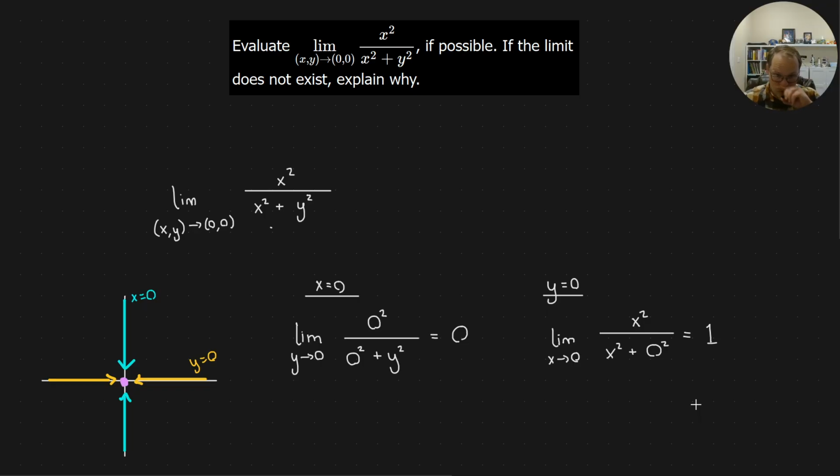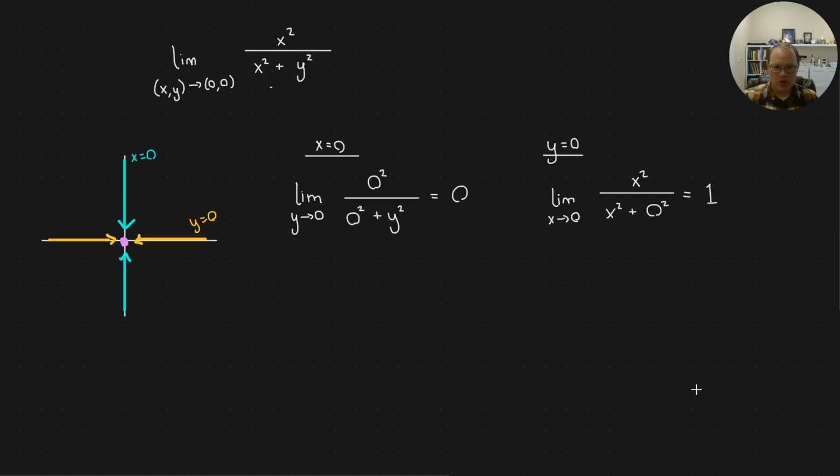All right, which means the limit along the path x equals 0 is 0, and as I approach along the path y equals 0, I get 1.